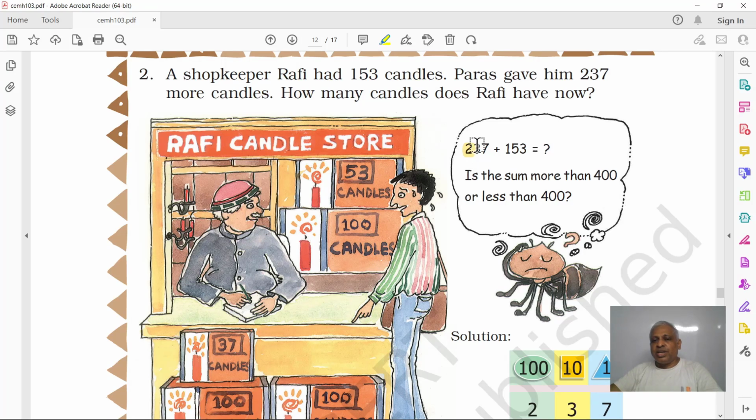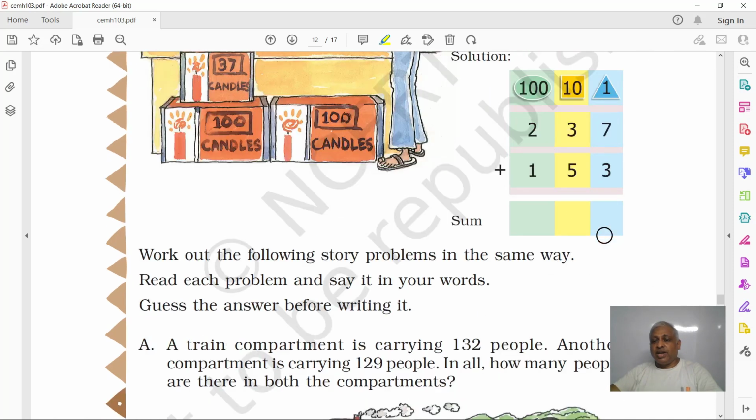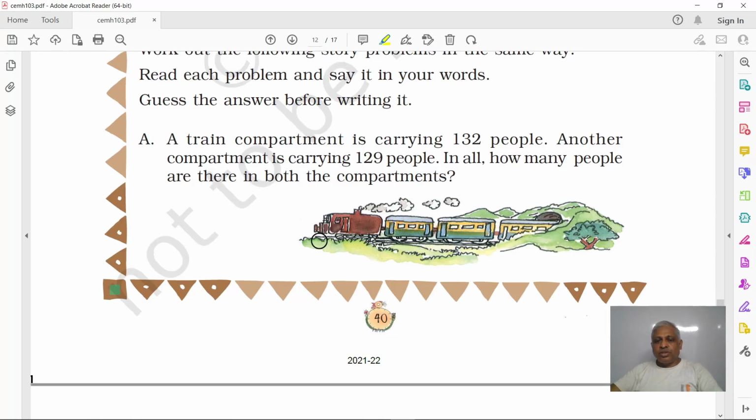So unless we add these two numbers as well. Okay, you can add these two numbers and find out whether Rafi has more than 400 candles or less than 400 candles.